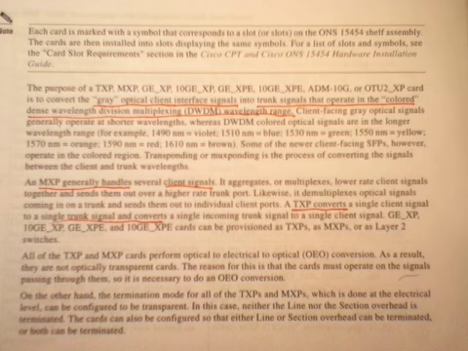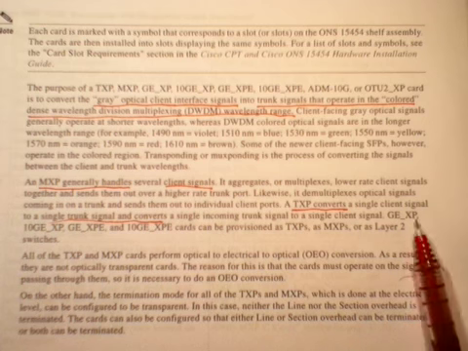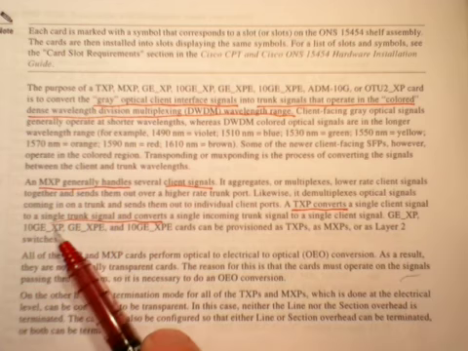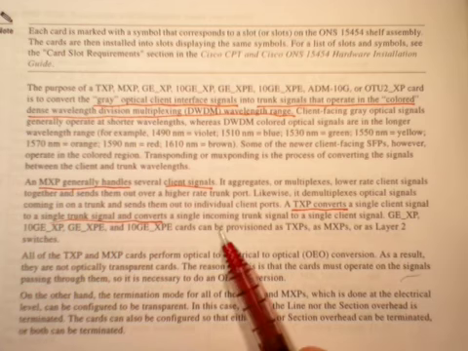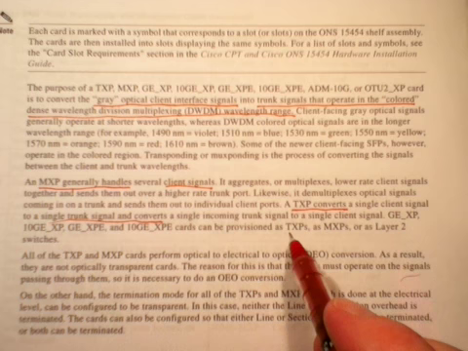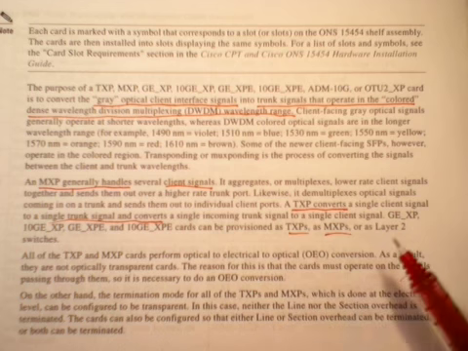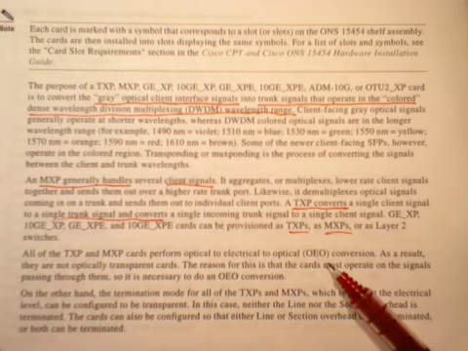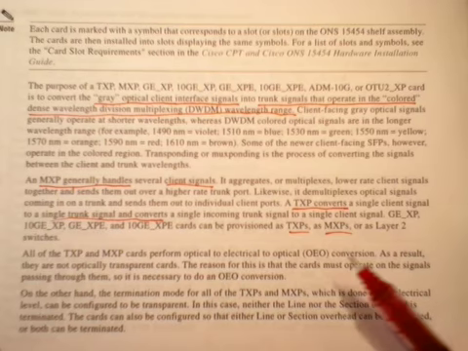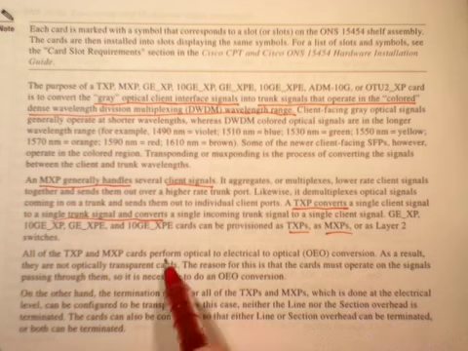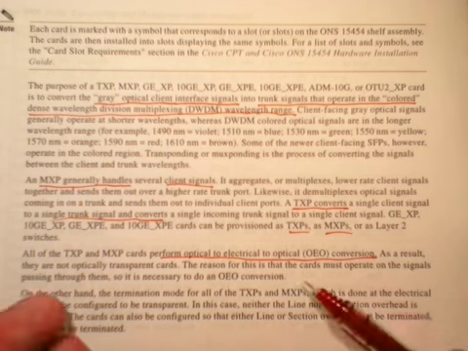Okay, and then they say a bunch of these cards, the GEXP, the 10GEXP, etc., can be provisioned as either TXPs or MXPs or layer 2 switches. So these are very sophisticated cards, and these form the heart of the system. They all perform OEO conversion, so they're all very expensive.